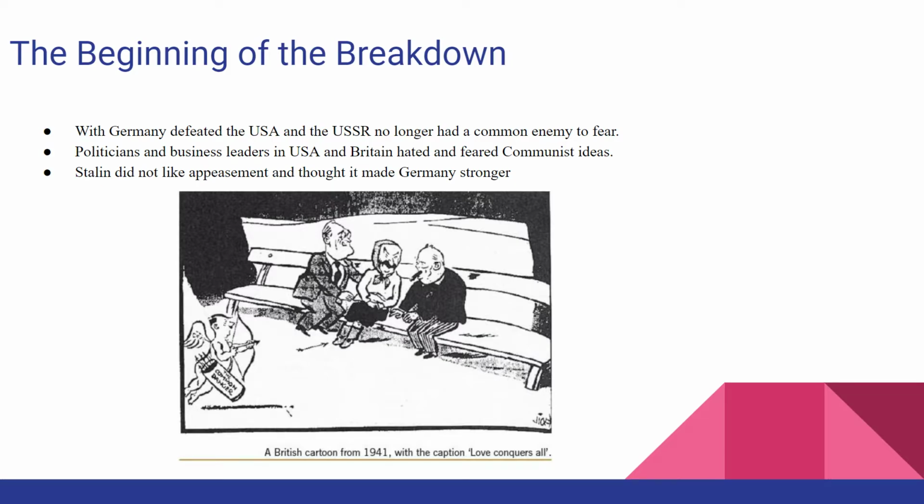Okay, so here we want to talk about how the breakdown begins, but before we talk about how it begins to break down, let's go back and review how it was even a union to begin with. Stalin and the USSR, or the Soviet Union, you can call it either way, has been communist since around 1920 with the Bolshevik Revolution.